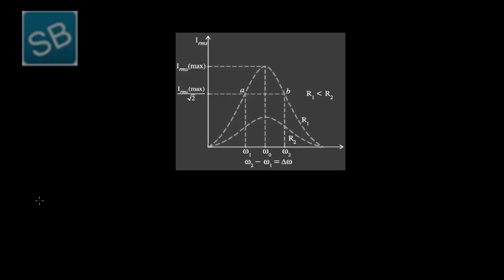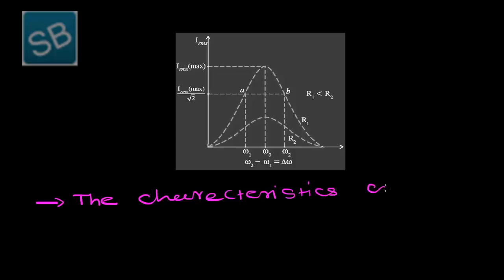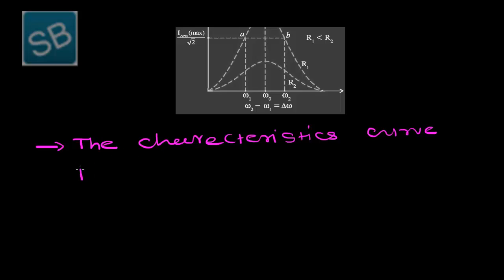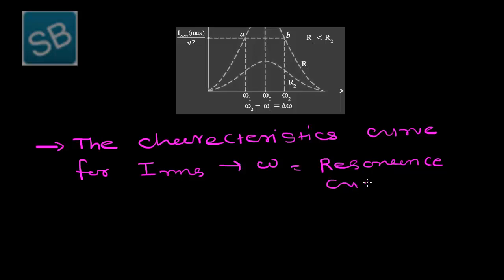The characteristics of this graph for IRMS versus angular frequency are known as the resonance or the resonant curves.